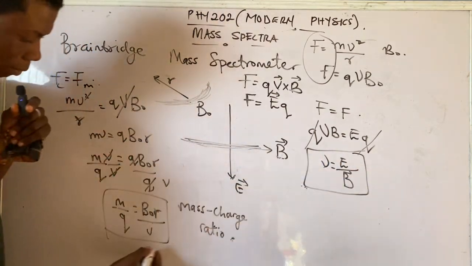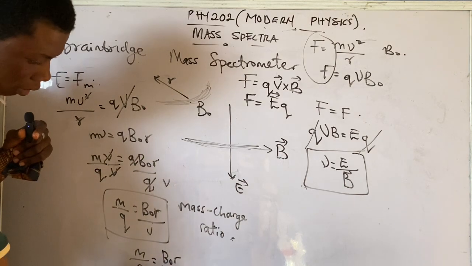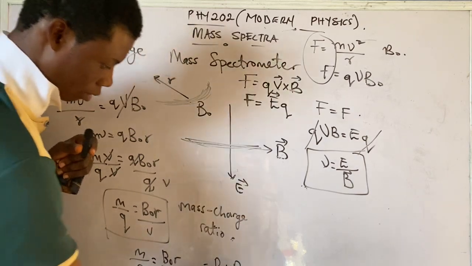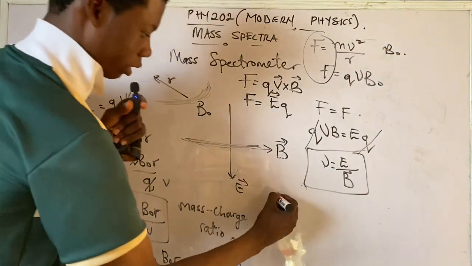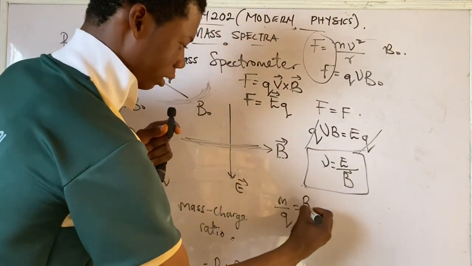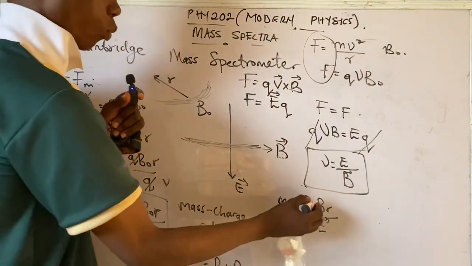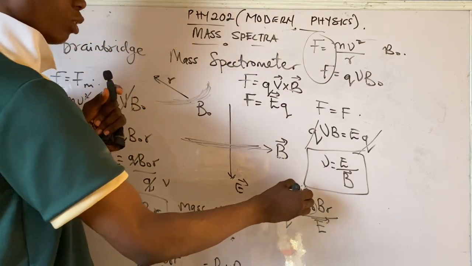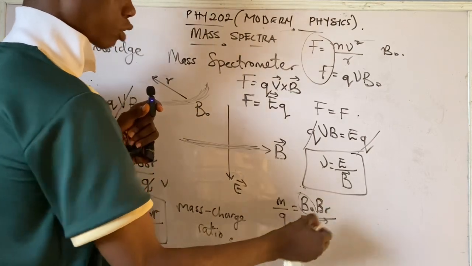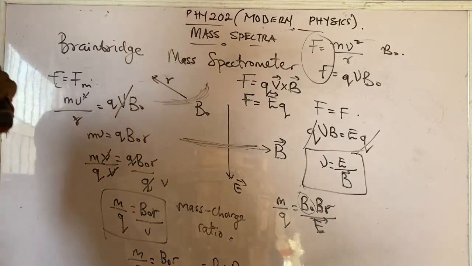V is equal to E over B. So m over q is equal to B naught r over E over B, and that is equal to B naught B r over E. So the mass to charge ratio is equal to B naught B r over the electric field intensity, where B naught is the magnitude of the magnetic field in the second point, and B is at the first point, the one that is perpendicular to this electric field, and r is the radius of the circular path.